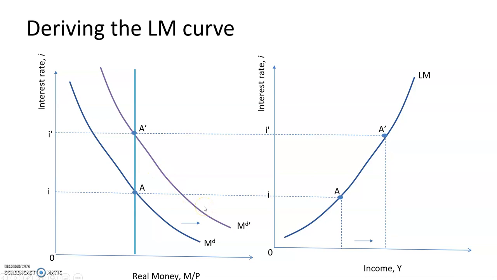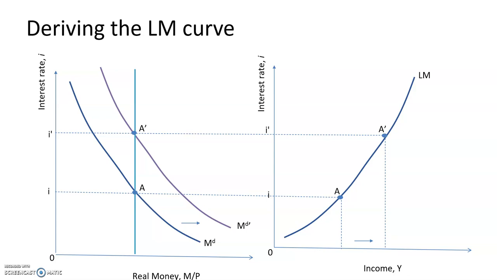The new equilibrium is at A prime with a higher interest rate i prime. Using figure A, we can find the value of interest rate associated with any value of income for a given money stock. The relation is derived in figure B.